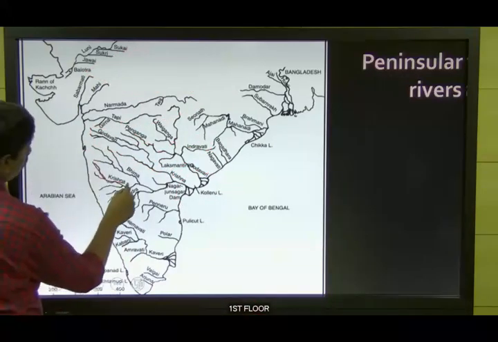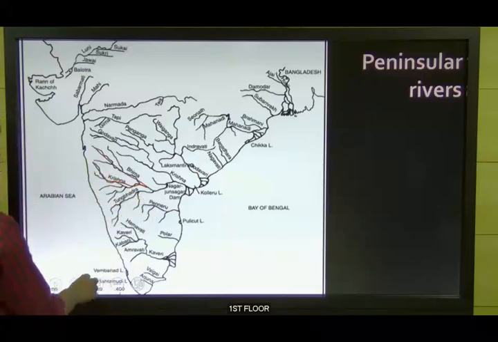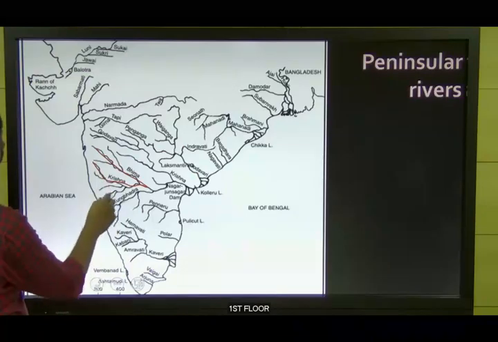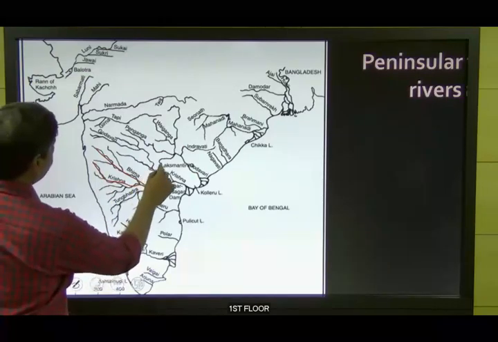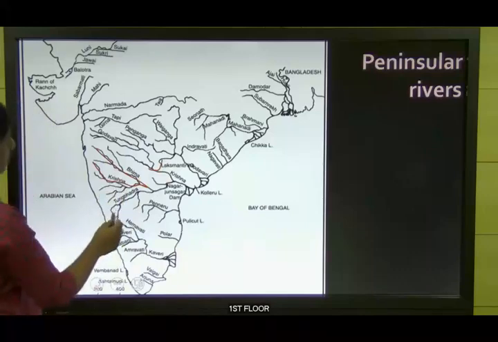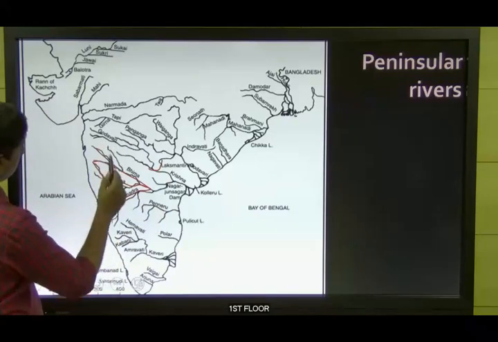This is the Krishna which originates from here. This is not part of Krishna at all. Okay, Bhima, Tungabhadra and Koina, it is some river here.